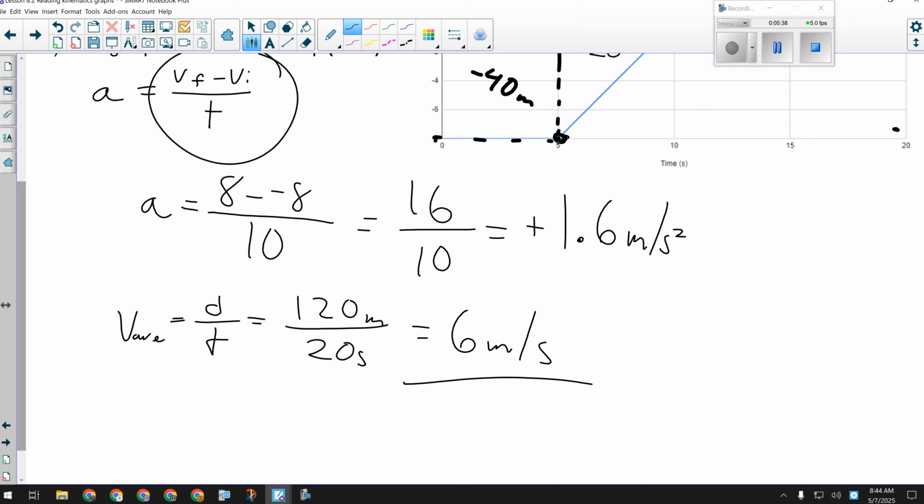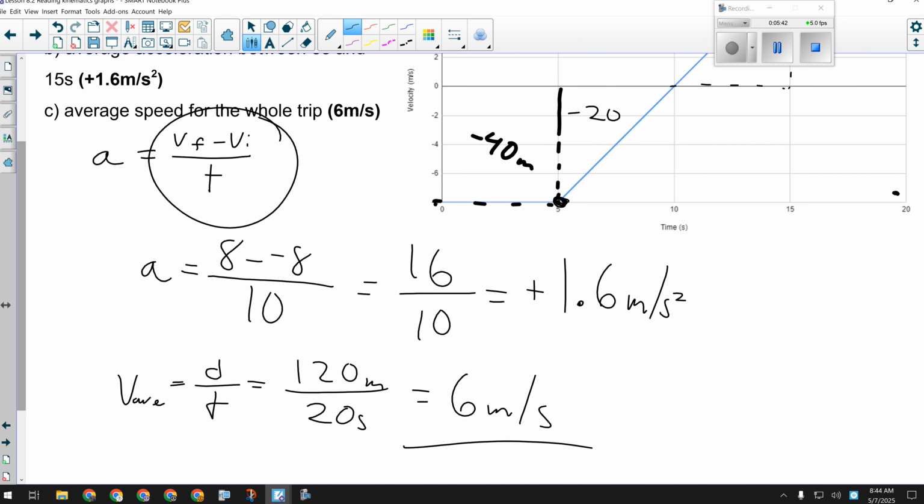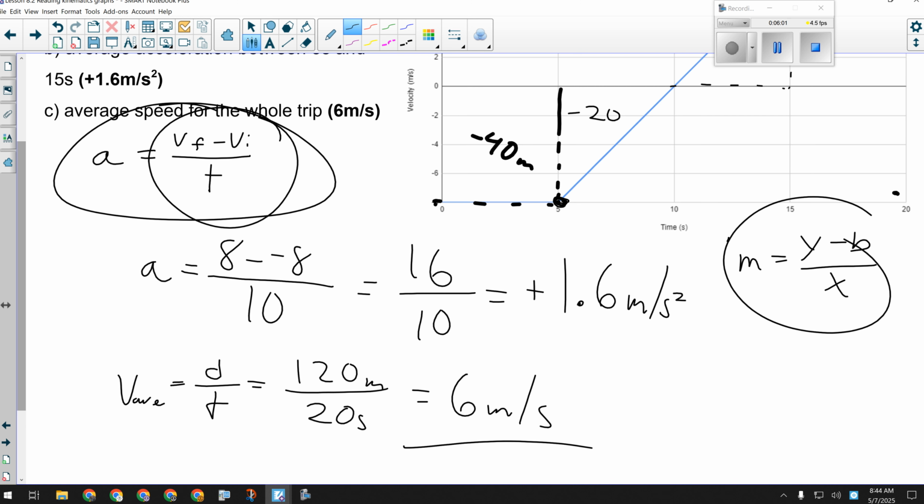So with velocity versus time graphs, we will use this formula. It does calculate acceleration, or I could just find the slope of the line, because on a velocity versus time graph, the slope is that formula: Vf minus Vi over time.